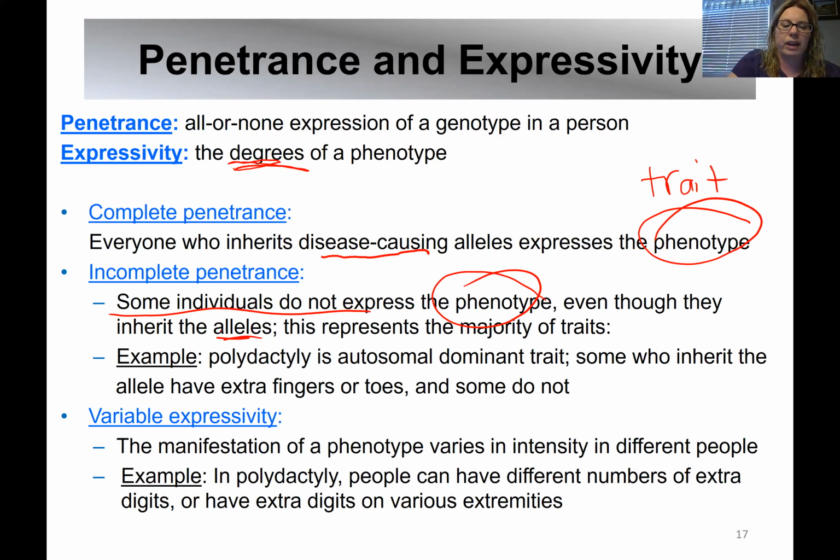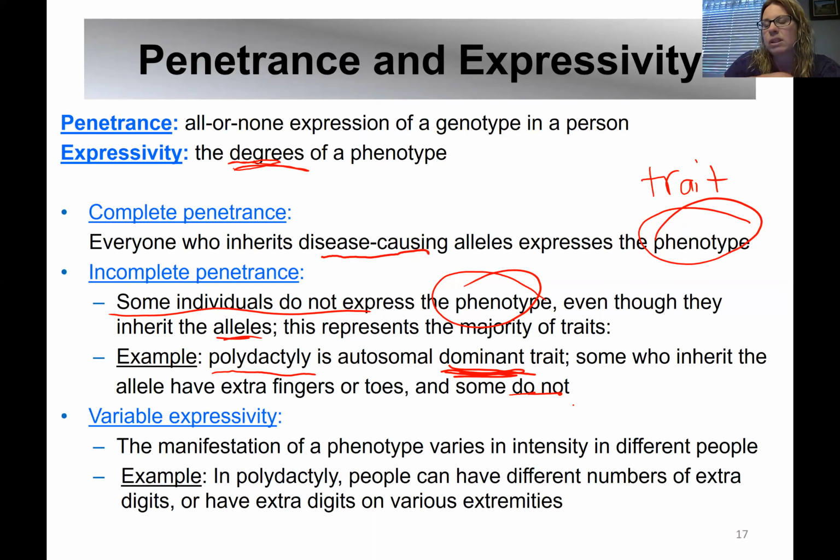An example of that is polydactyly. Does anybody know what that means? That's when you have extra fingers or toes. Usually there's an extra digit after the pinky on the hand or the foot, okay? And a lot of times the allele for polydactyly, since it's dominant, people will inherit that allele, but they will not express it.